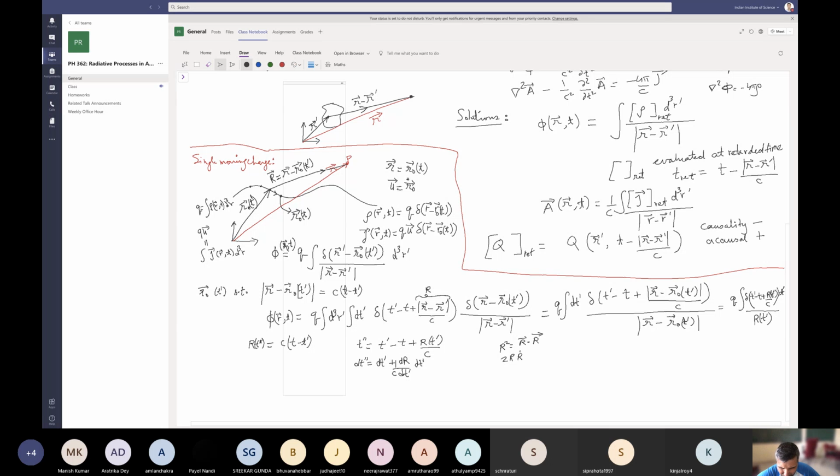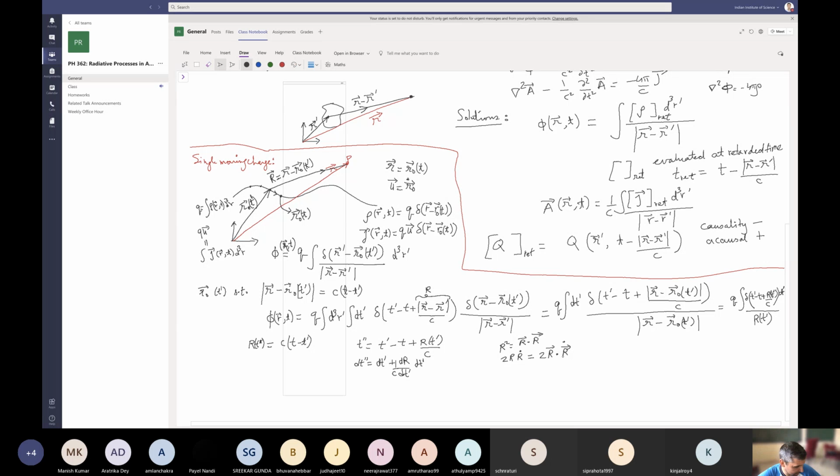Now this dot is with respect to t prime. This is what I'm trying to calculate. Dr dt prime is equal to twice r r dot. I'm just taking the derivative on both sides. This is how this goes.